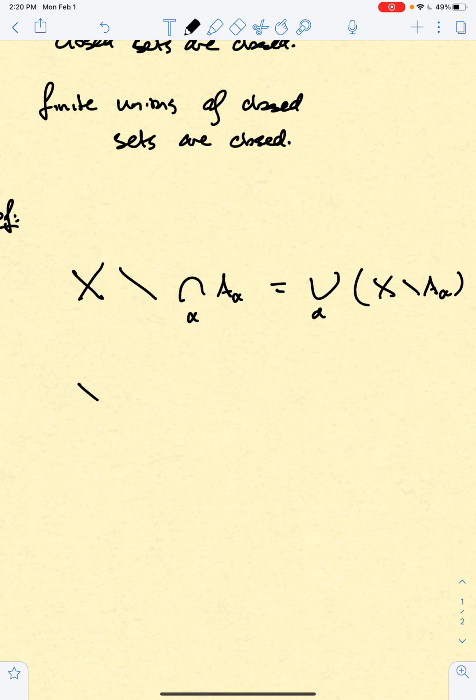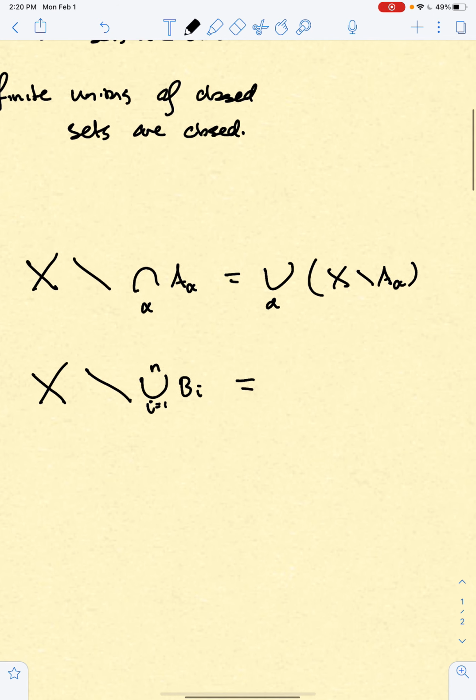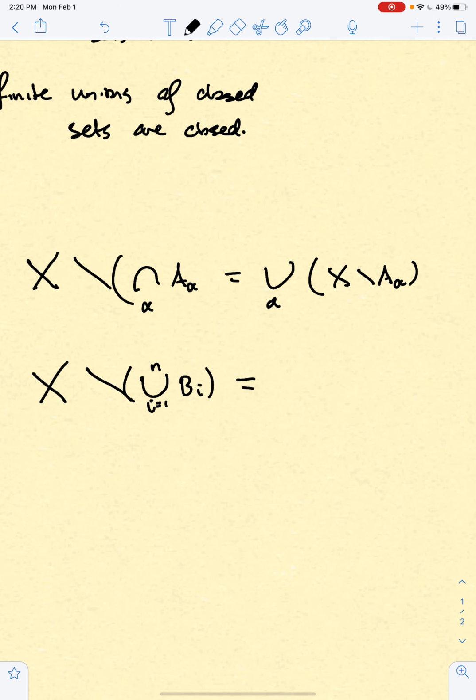Likewise, you could take a finite collection, let's say B sub i. The complement of the union is equal to, I would make sure the associativity is right, the intersection of all the complements.